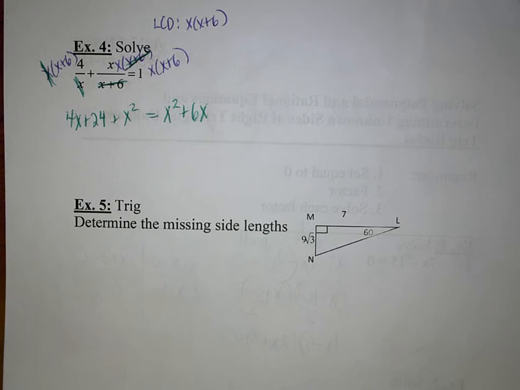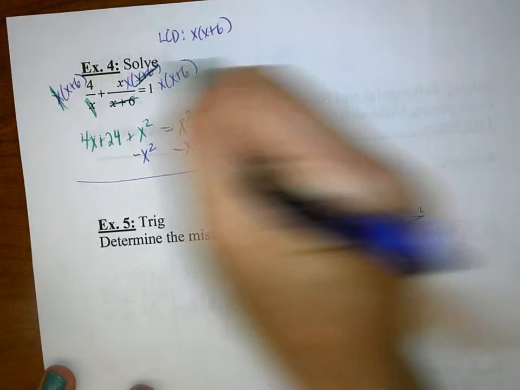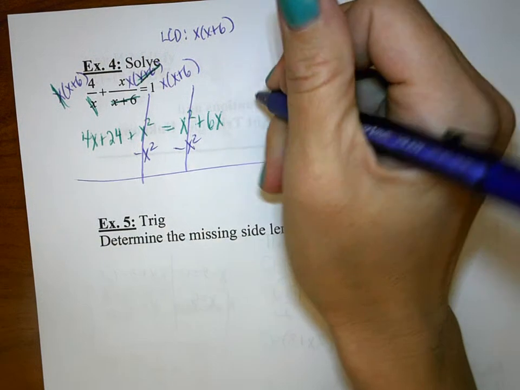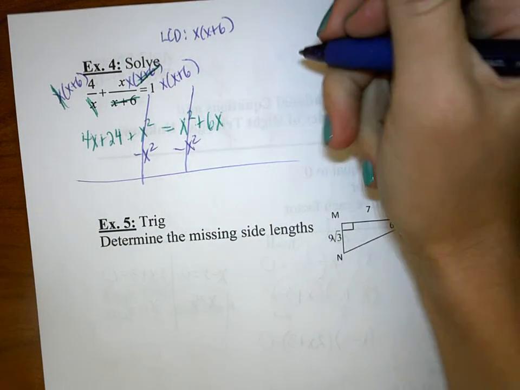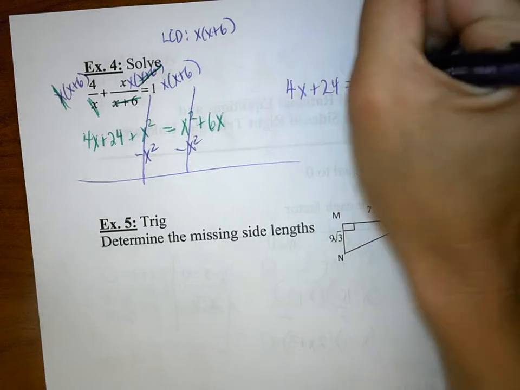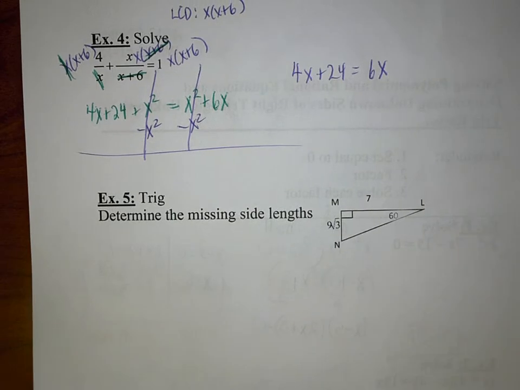Get them all on the same side so it's equal to 0. Well, when I move my x squared, what happens? They cancel out. So the x squareds are gone. If I were to rewrite this, I have 4x plus 24 equals 6x.